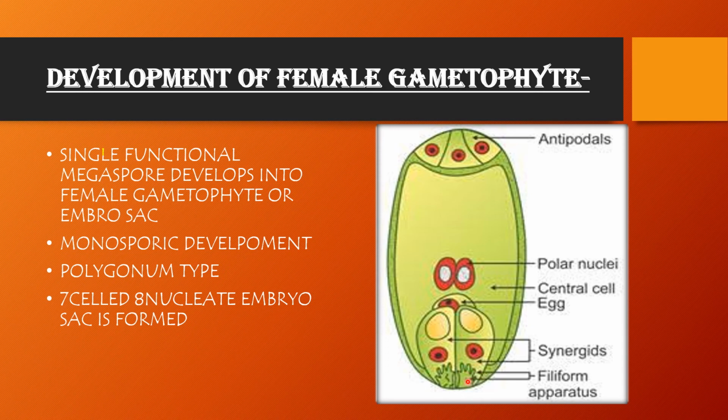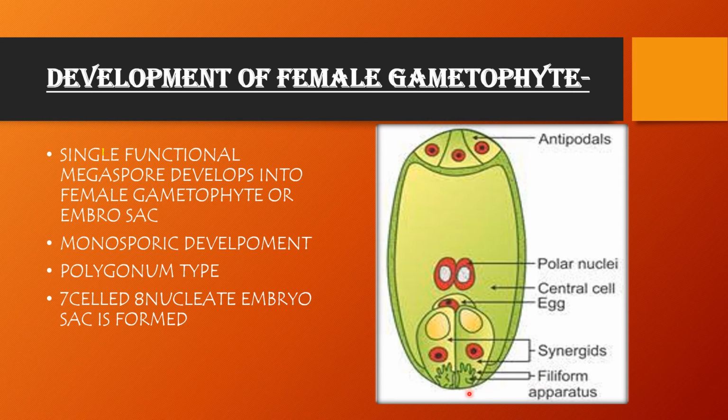At the base of the synergids there are some extensions, called the filiform apparatus. The basic function of the filiform apparatus is to provide the path for the entry of the pollen tube. So this is the position from where the pollen tube enters.